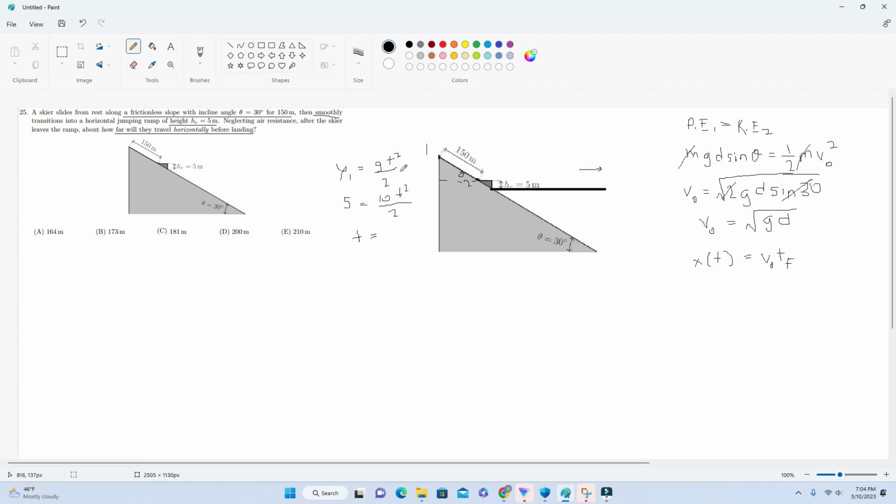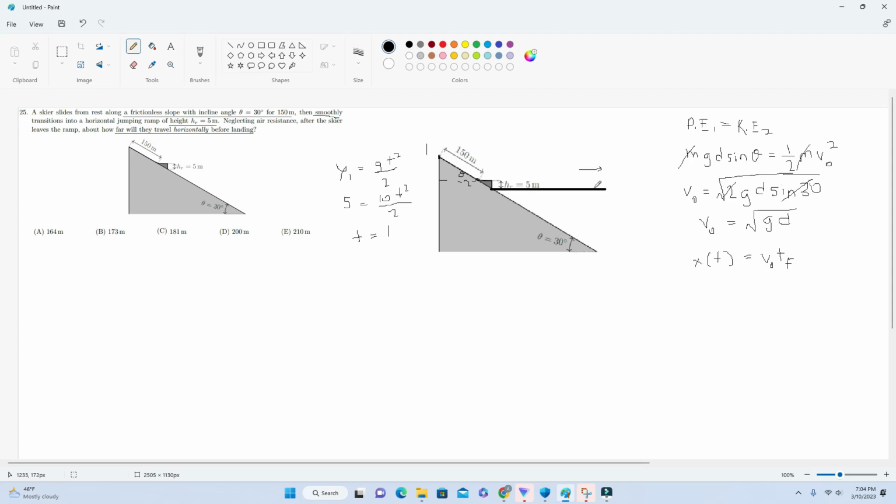I took g is equal to 10 here because on F equals ma, they use g equals 10 instead of g equals 9.8. To solve for the time that it takes to fall a set distance, all we would need to do, right, is just figure out the solution for t to this quadratic equation where g is 10.